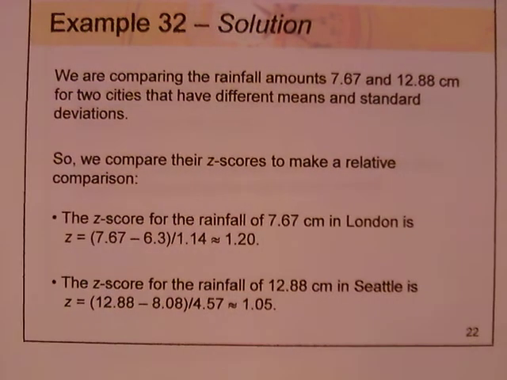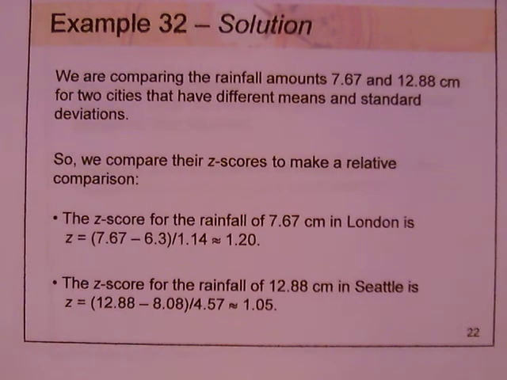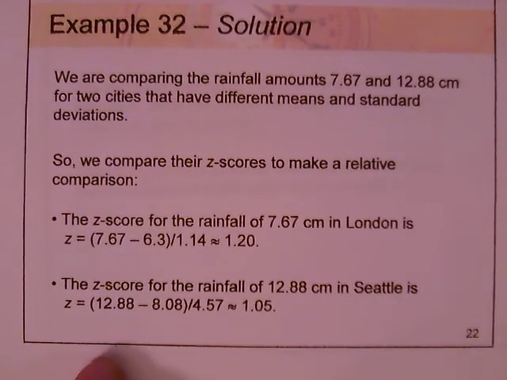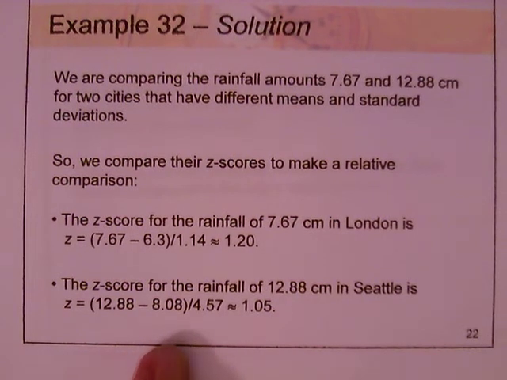as a z value. What that means here is that for that particular month, that rainfall in London is 1.20 standard deviations above the mean. And then the z-score for the rainfall of 12.88 centimeters in Seattle would be 12.88 minus 8.08 with the difference divided by 4.57.